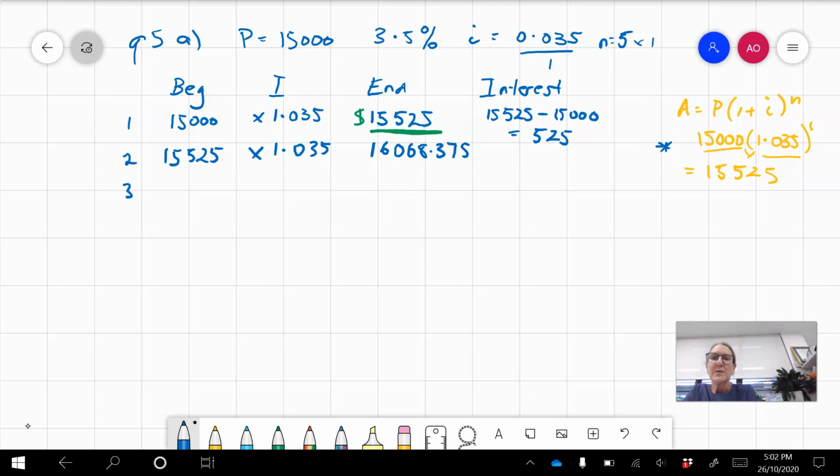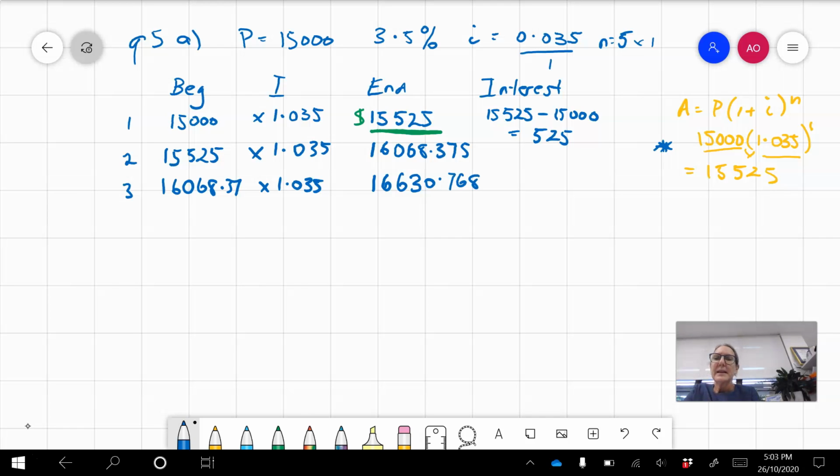Okay, so at the beginning of the third year, I have $16,068.37. Multiply it by the 1.035, just 1 year again. So we're just using the 1 year. And I get 16,630. Goodness gracious me. It's been a long day.